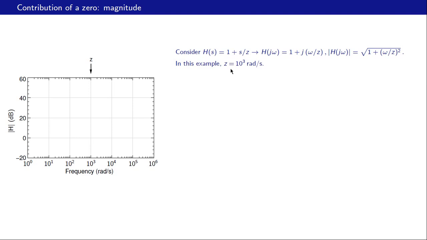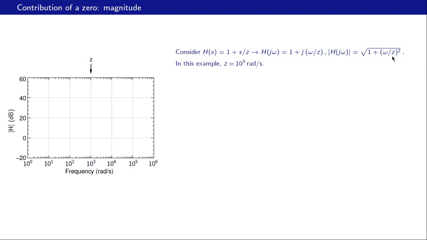Now, as before, we will plot mod of h in dB on a linear scale versus omega in radians per second on a logarithmic scale, as shown here. We can rewrite h of s as h of j omega equal to 1 plus j omega by z, and from that we obtain the magnitude of h as square root of 1 plus omega by z squared.